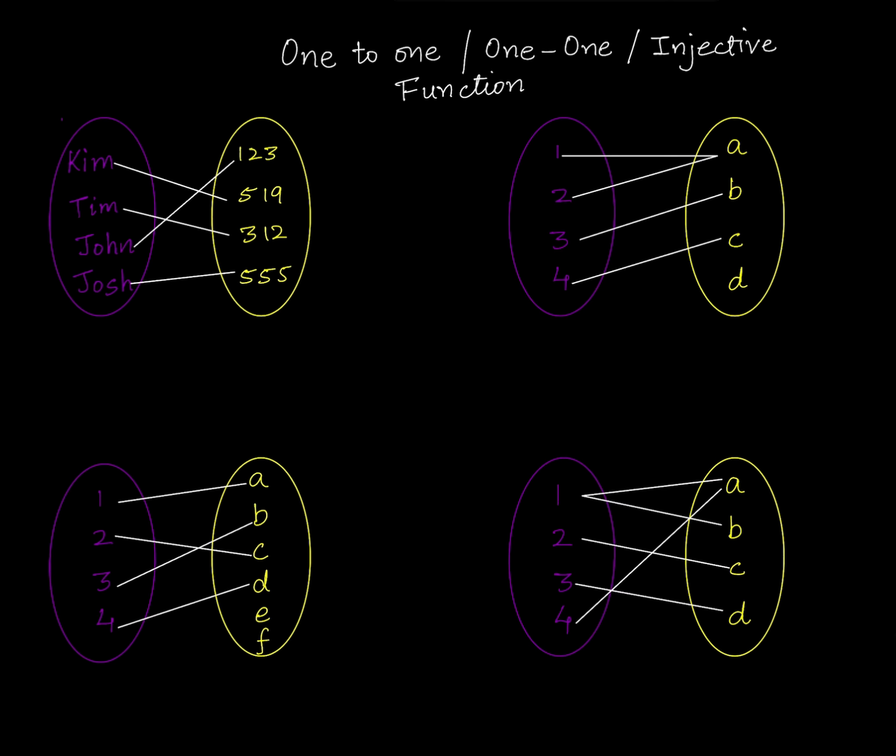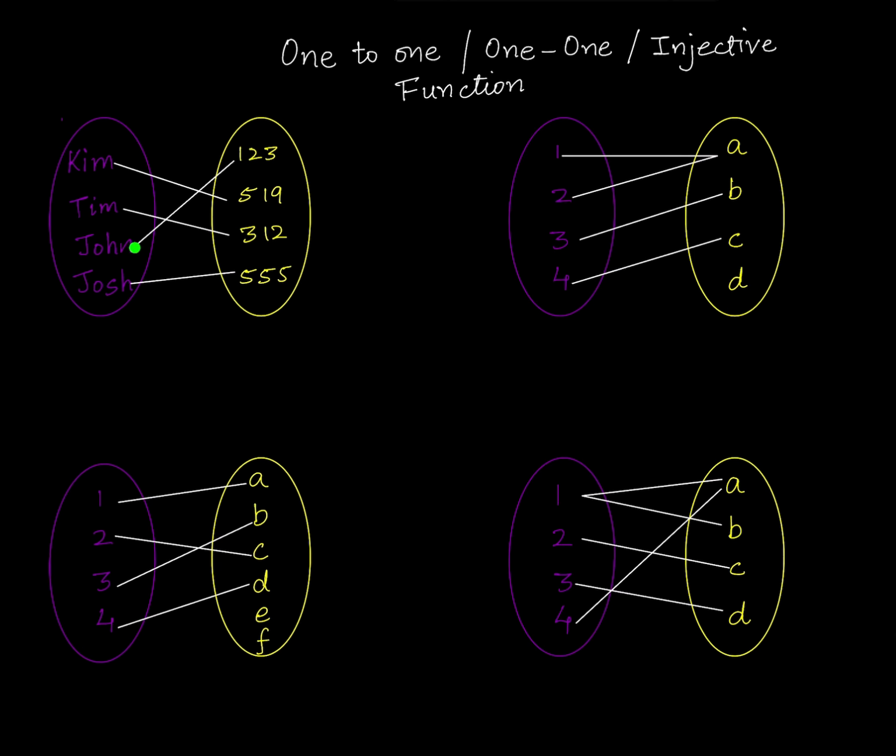Now, what is a one-one function? As the name suggests, each one input is related to one output, meaning that no output is related to two inputs. Let's look at these cases. Here, Kim has a unique identification.